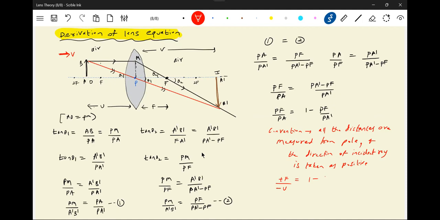Now only, it's better to substitute and solve it. PF will again be plus F, PA dash will be plus V. We'll solve this equation. So minus 1 by U equals 1 by F minus 1 by V. This is called the lens equation, very, very important.